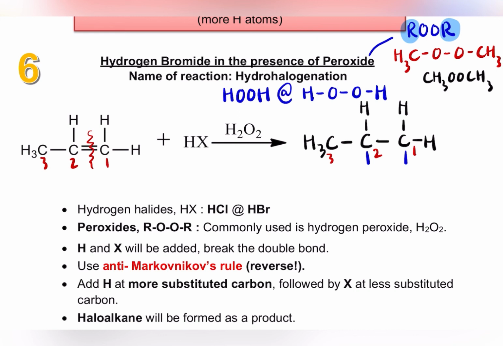H plus will be added to carbon number 2, the more substituted carbon, because we will reverse the Markovnikov's rule. So I'm going to put H here, and X will be attached to first carbon. So it's quite different from the previous reaction. The product will be the same, also haloalkane, but the name will be different.